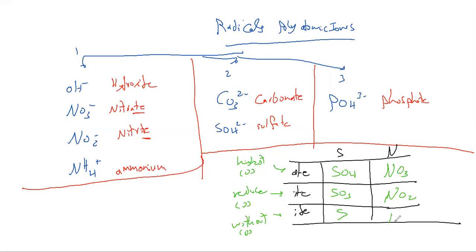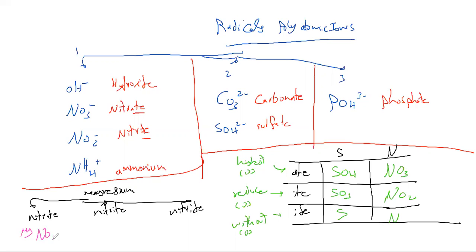Nitride is N. For example, if you need to write the formula of magnesium nitrate, magnesium nitrite, or magnesium nitride: for magnesium nitrate, it will be Mg(NO3)2.